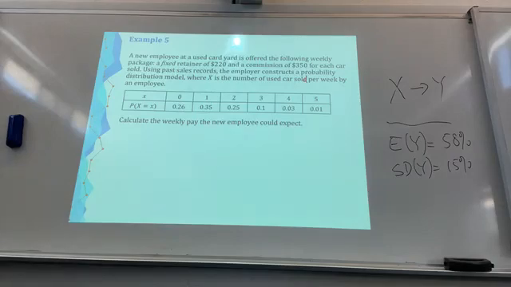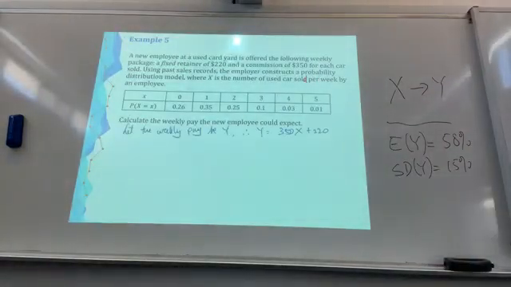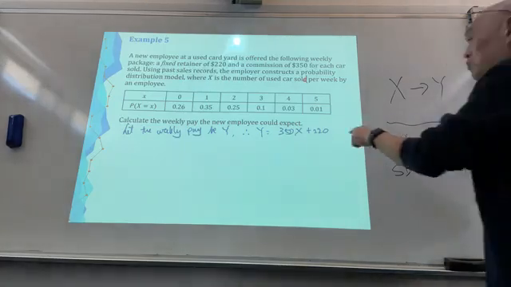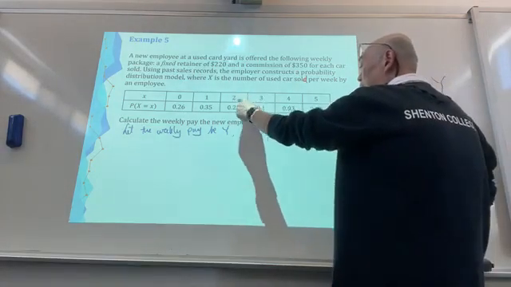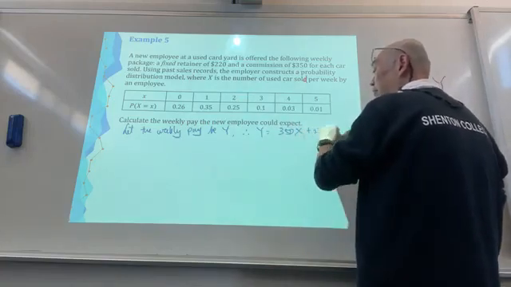So what you've got to think about is how do you work out the weekly pay? If I let the weekly pay be Y, so Y is 350 times X plus 220. So if it sells 2 cars, 350 times 2 cars plus 220.